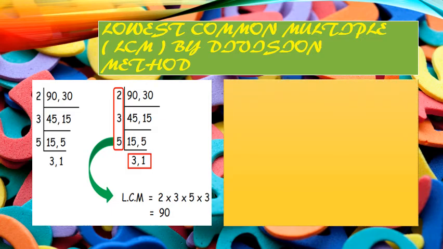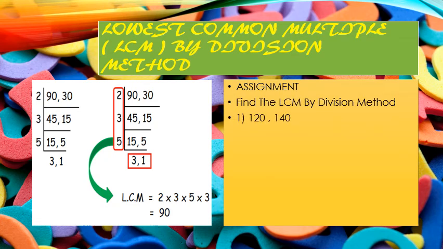Now let's practice this with a few questions. Take the rough book. We'll find the LCM by the division method. First question, 120 and 140. Second one, 64 and 320. Third question, 56, 84 and 168.